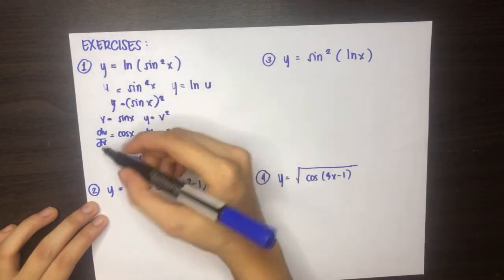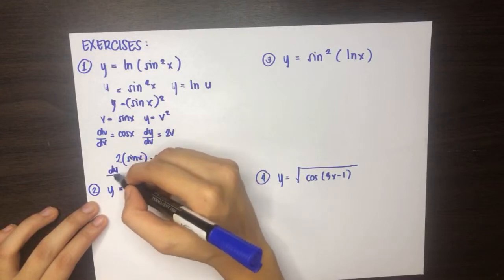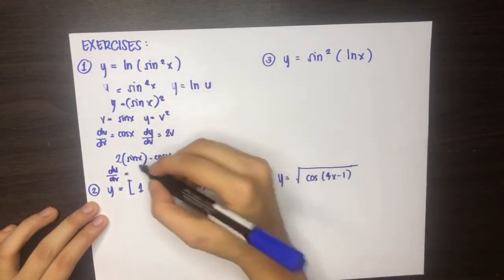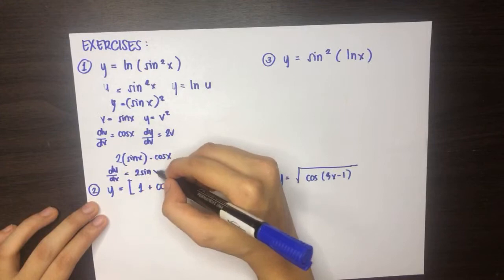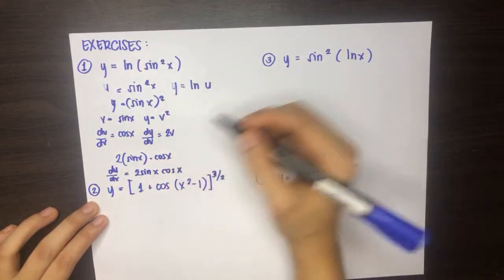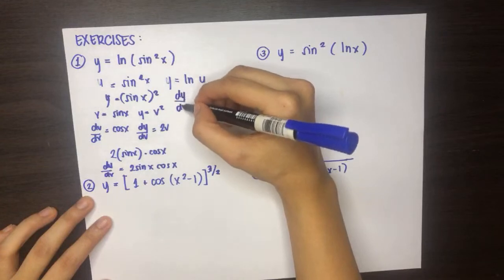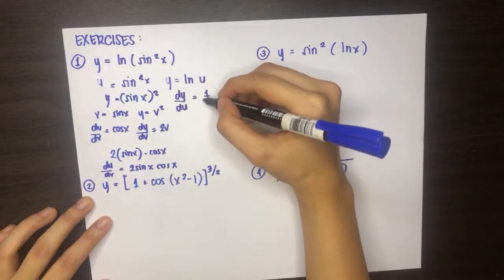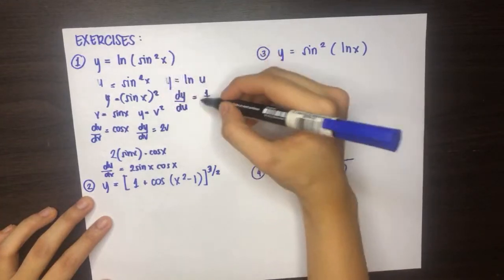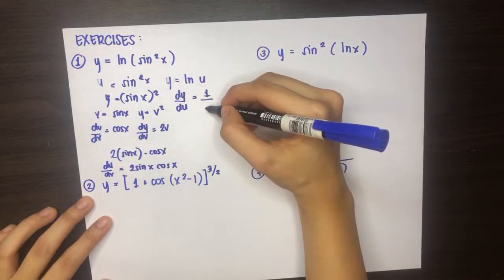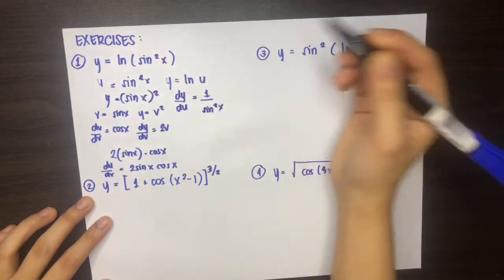So, the derivative du over dx is 2 sine x cosine x. Then dy over du is 1 over u, where u is sine squared x.